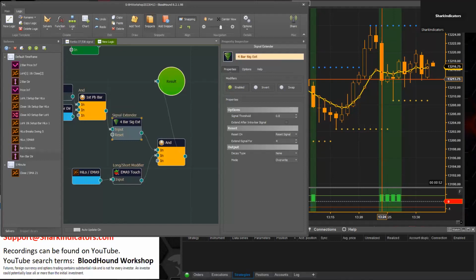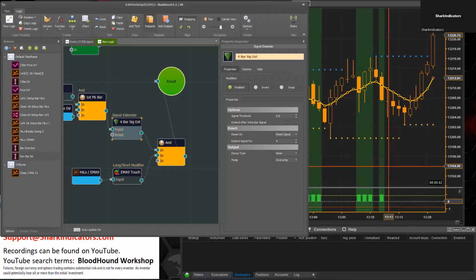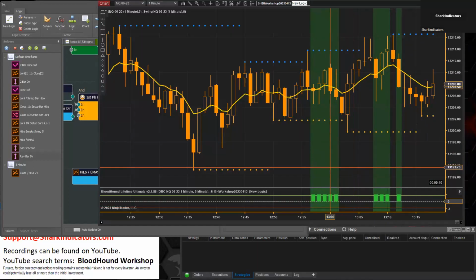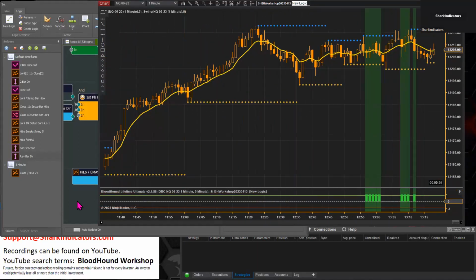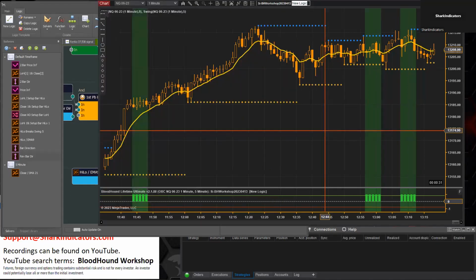But we're not close yet. So remember, we need a smooth pullback. So what happens if we don't get a smooth pullback? Let's see if we can find a pullback that's not smooth. So actually, let's look at that first.